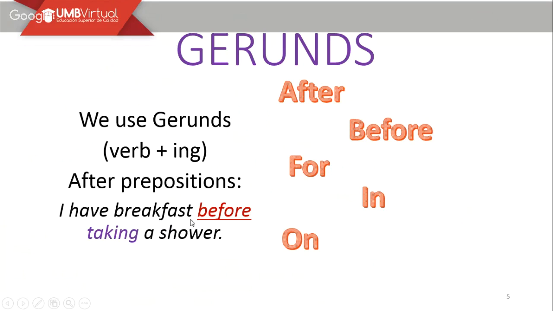I had breakfast after taking a shower, right? Or I can use another example. I work for saving money, for instance. I work for buying things, and so on, right?